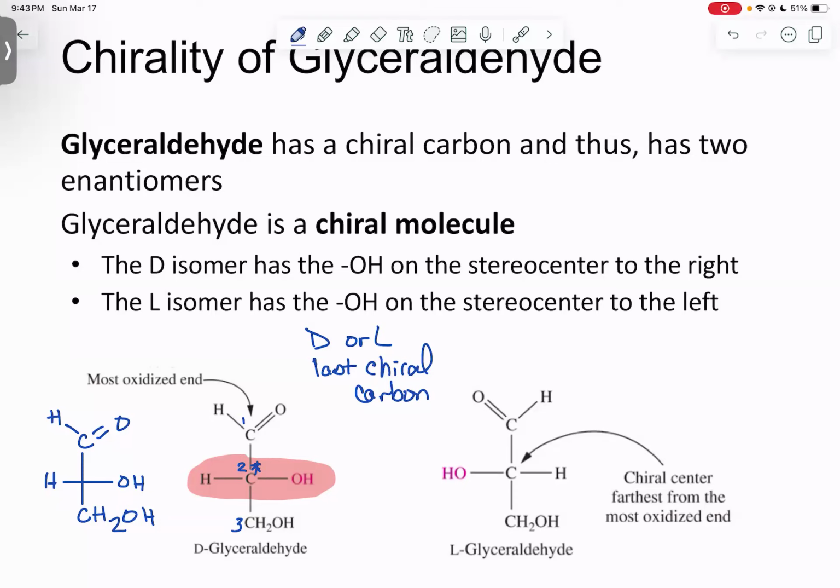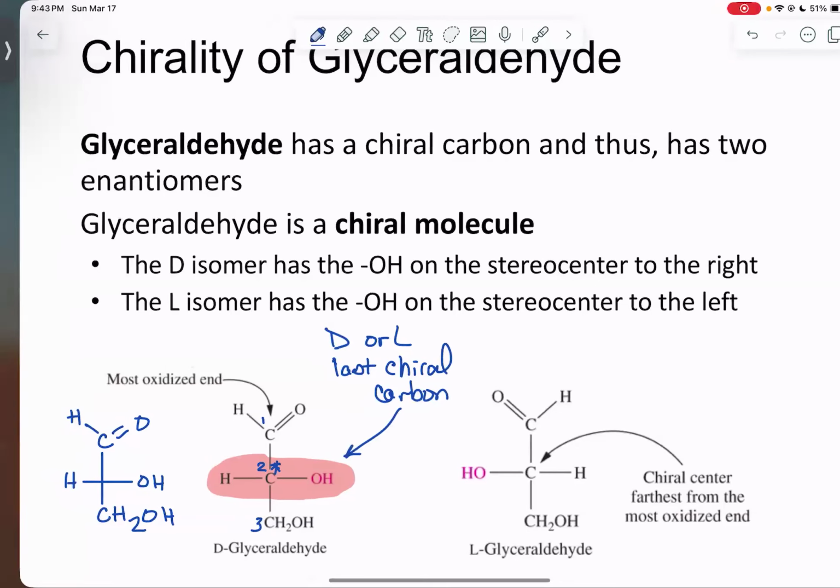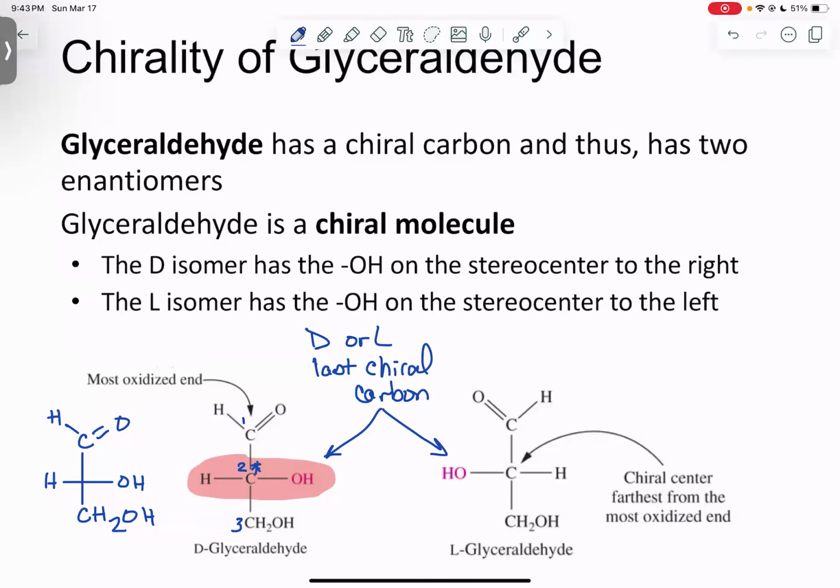So my highest numbered chiral carbon is carbon number 2. If I look at these 2 molecules, these are both glyceraldehyde. Here I have the hydroxyl on the right. In the other one, I have the hydroxyl on the left. And so these are non-superimposable mirror images, so they are enantiomers, and we have the D and we have the L.